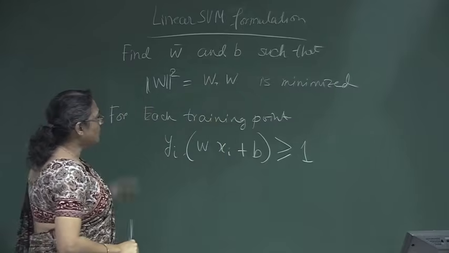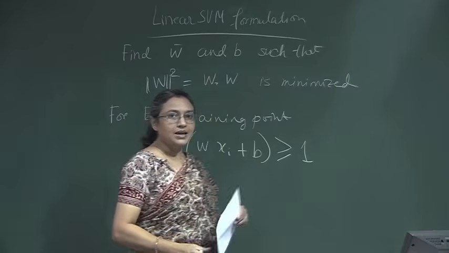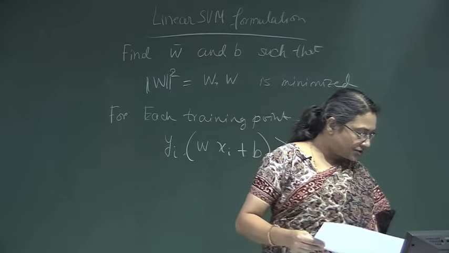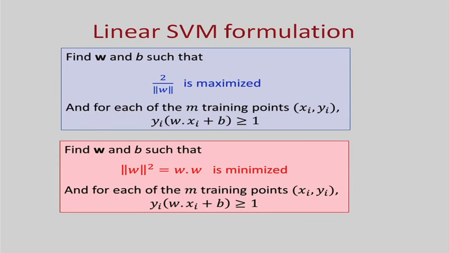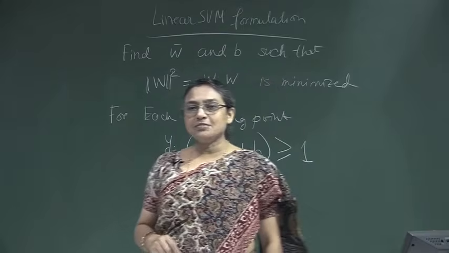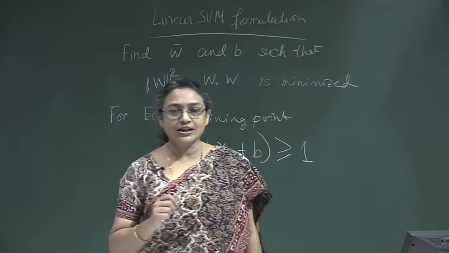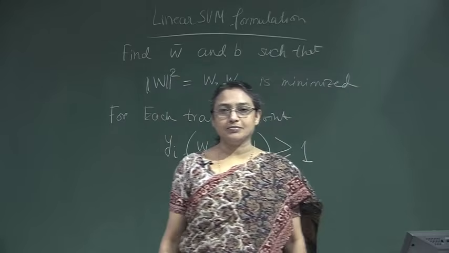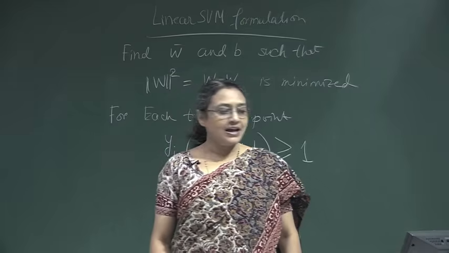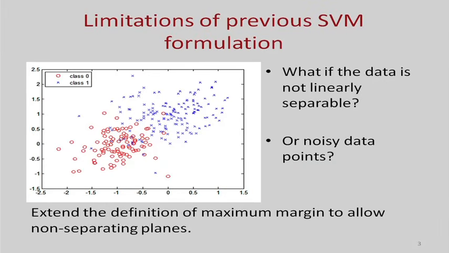So, we can look upon it as a minimization problem subject to M constraints corresponding to the M training examples. Now, this particular formulation enables us to deal with only those training instances which are linearly separable, but it may be that the data is not linearly separable.